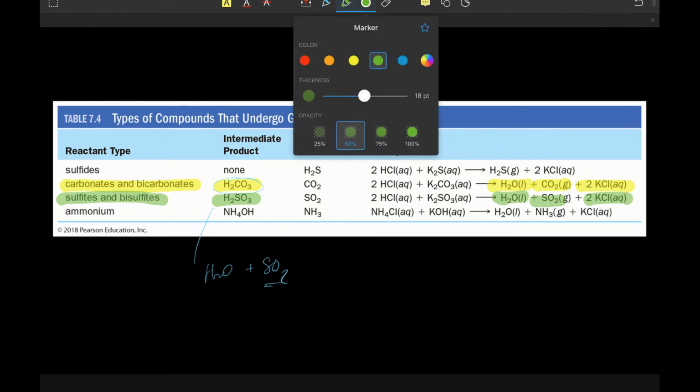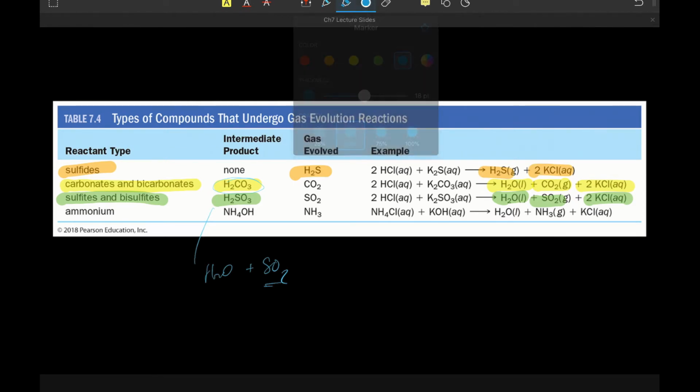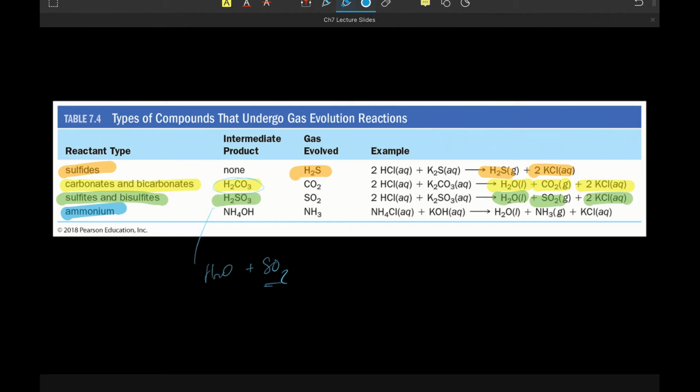Then we also have sulfides, which are a little bit more straightforward, where we produce hydrogen sulfide and a salt. And then finally, we have ammonium. Ammonium is different because ammonium will react with a base. So it's base and ammonium, whereas these three are acid reactions.